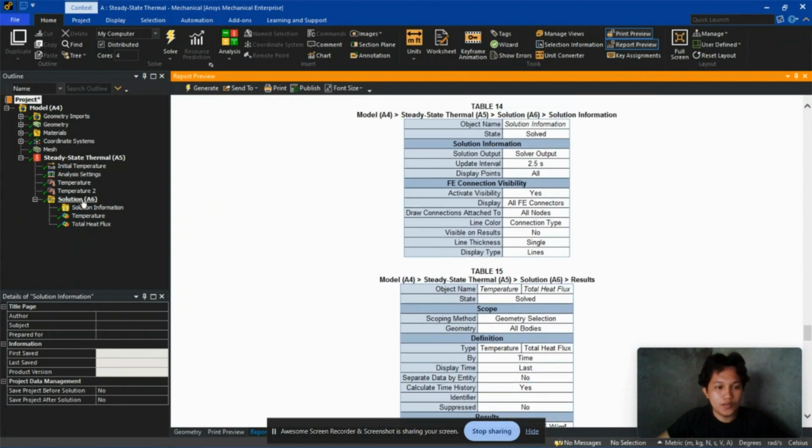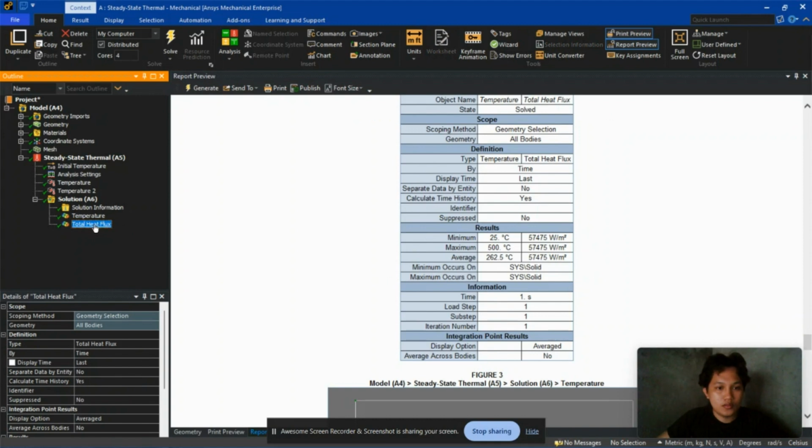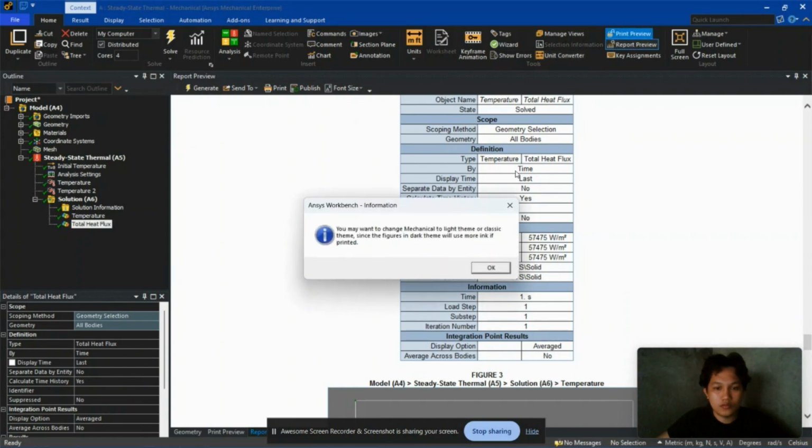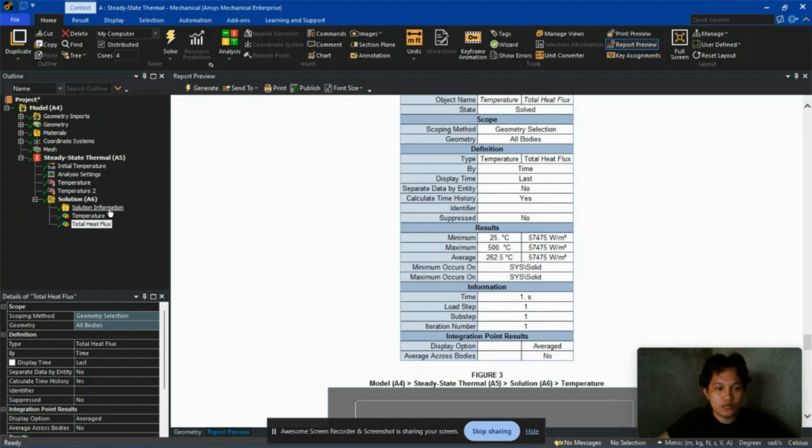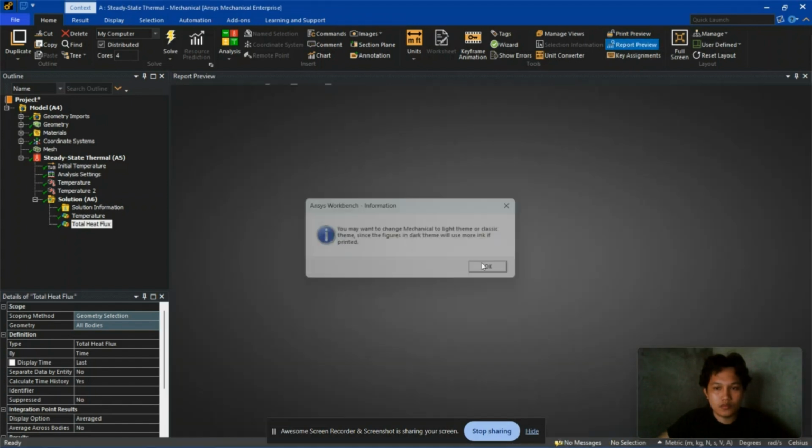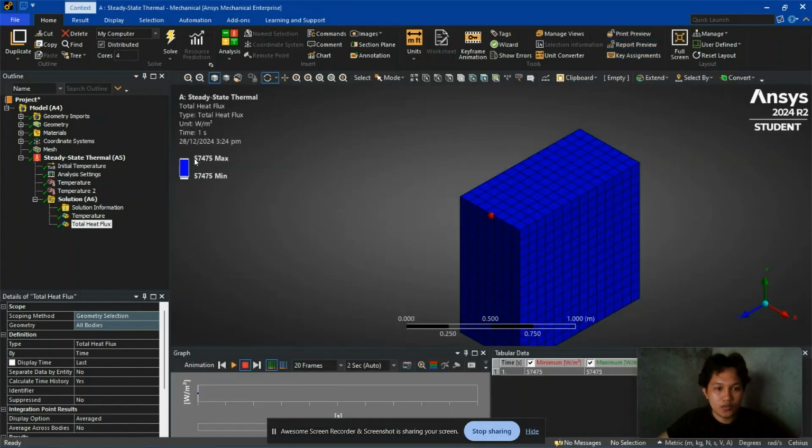So with the given total heat flux, I'm going to determine what will be the temperature at 0.25 meters. So let's go here.